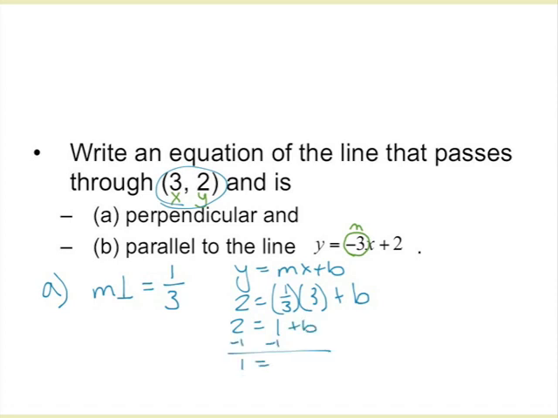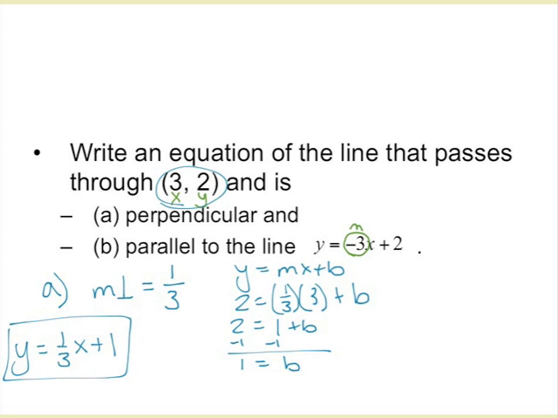Subtracting 1 gives 1. And for part A, our answer is the slope we used and the b value we found. Questions on part A?